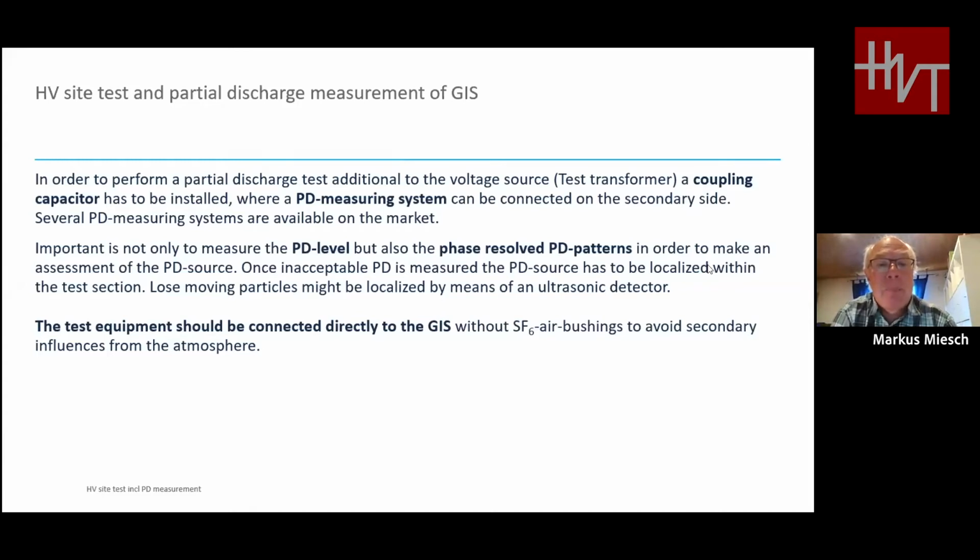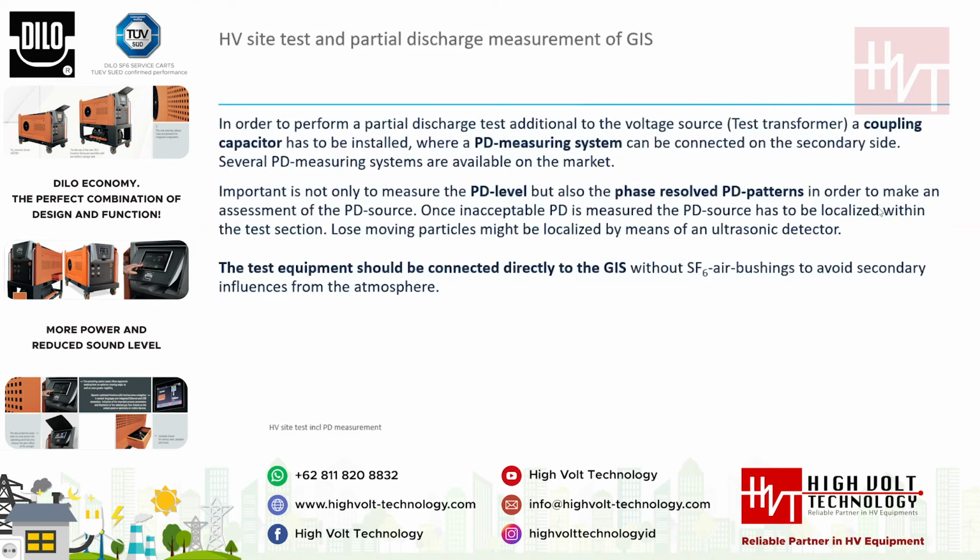Once the unacceptable PD is measured, the PD source has to be localized within the dielectric test section. Loose moving particles might be localized by means of an ultrasonic detector. The test equipment should be connected directly to the GIS without SF6 air bushing to avoid secondary influences from the atmosphere.